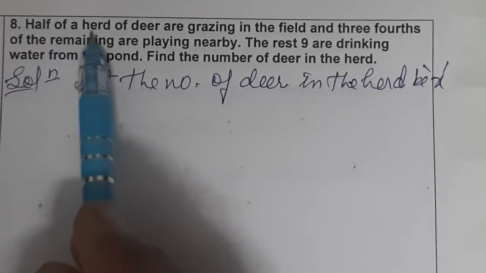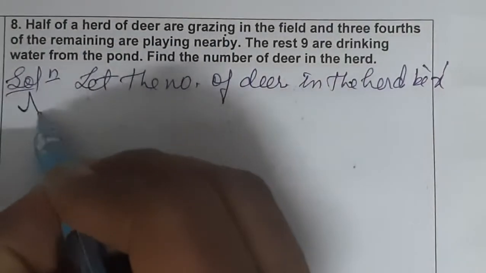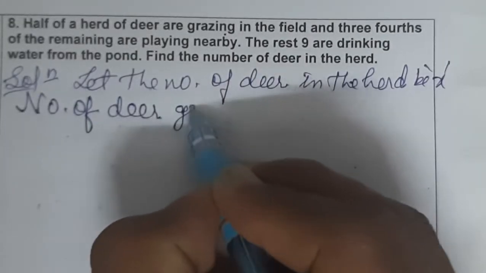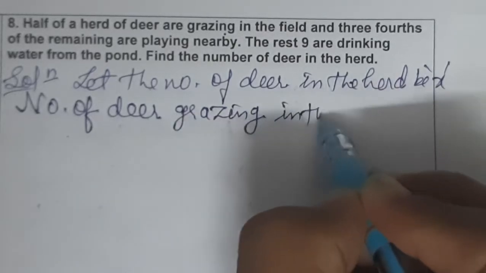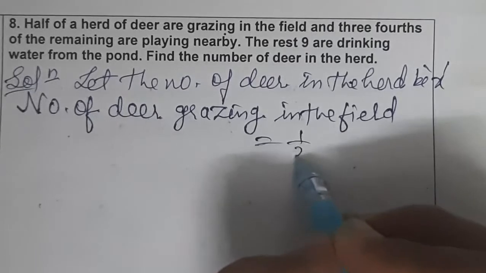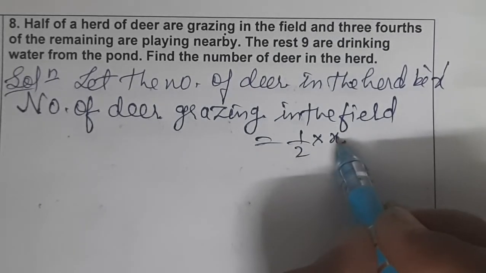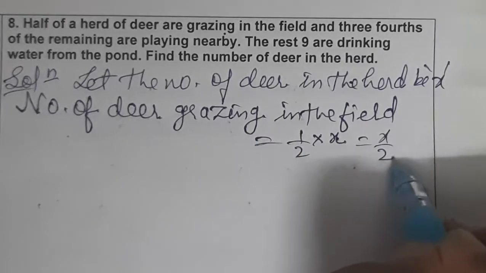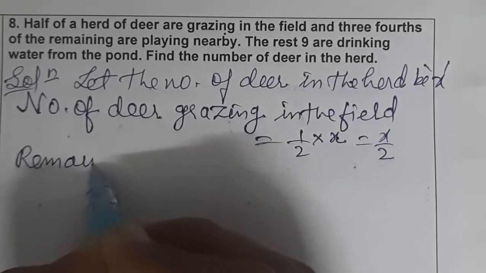So we assume the number of deer in the herd is x. Now reading again, half are grazing, means number of deer grazing in the field. How many are grazing? Half of x. Total is x. Out of total, half are grazing. So x by 2. So how much is left? Anyone tell?